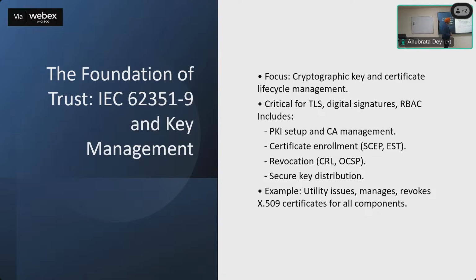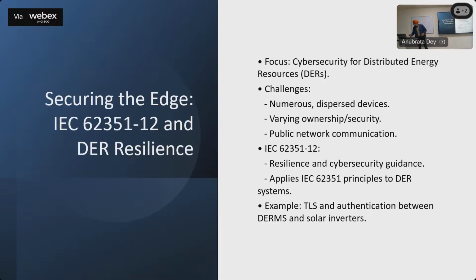So a utility can manage that, and they can issue and revoke all the certificates for all components. We had a fair bit of discussion on that. But part 9 of this standard actually outlines how this should be done.